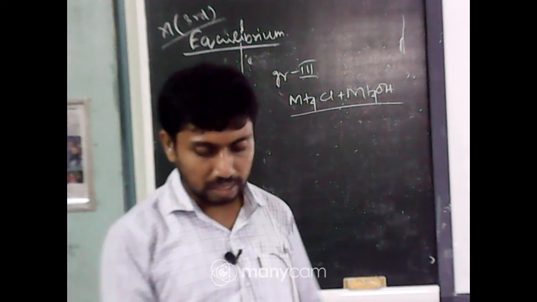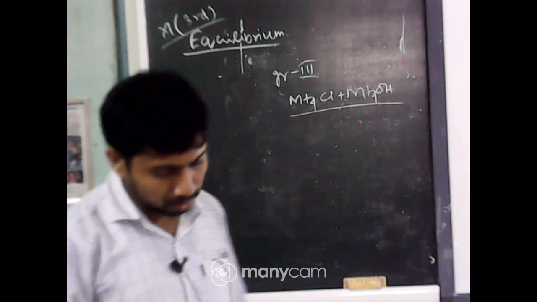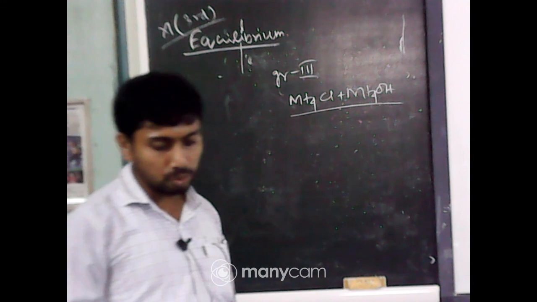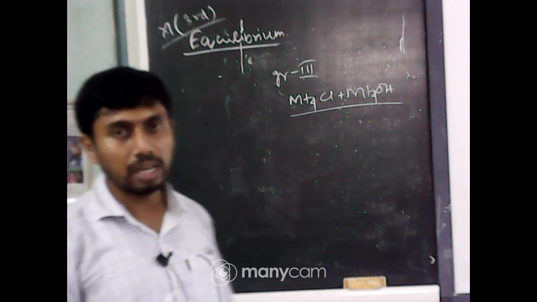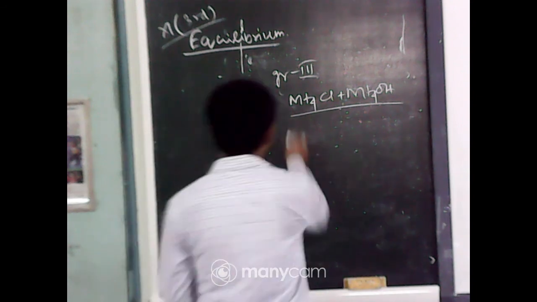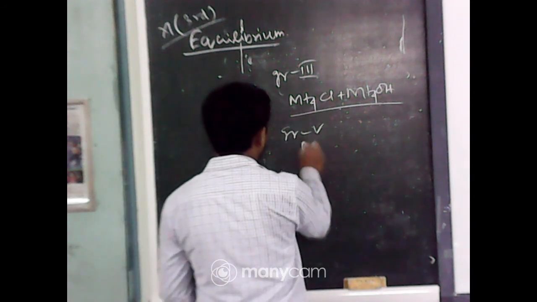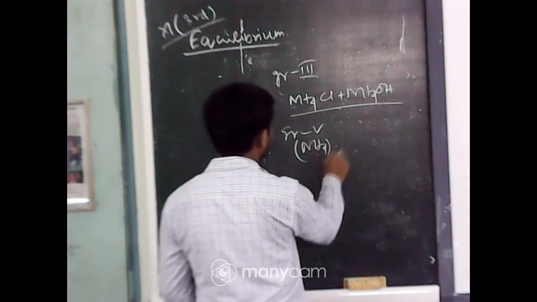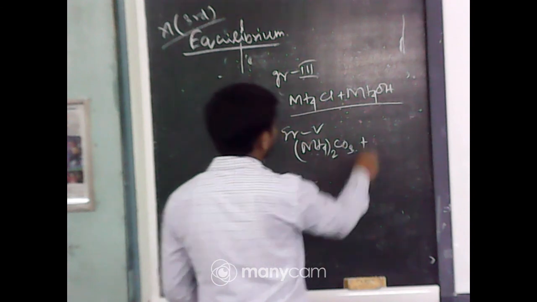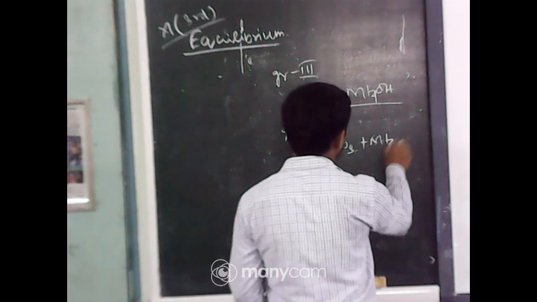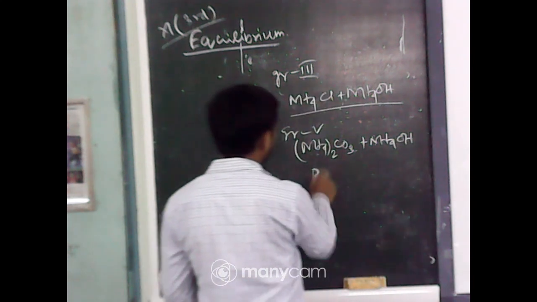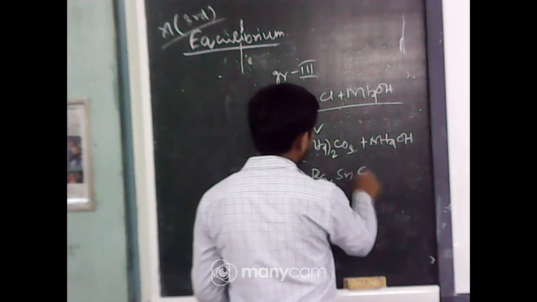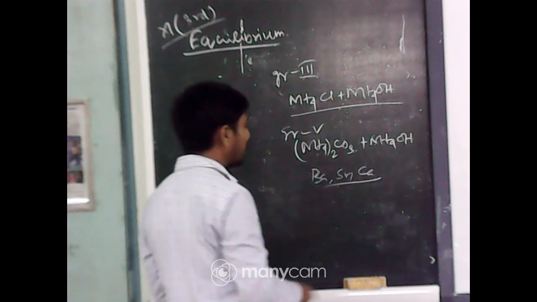Another one is group 5, where we use ammonium carbonate and ammonium chloride, plus ammonium hydroxide. Here in group 5 we have barium, strontium, calcium, which precipitate.